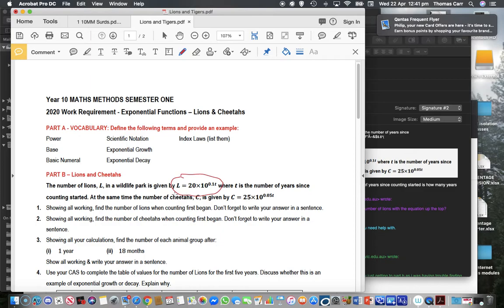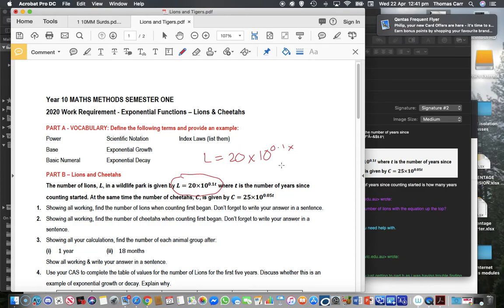Well, if you wanted to know how many lions were in the park after, let's say, 3 years, the formula says the number of lions is equal to 20 times 10 to the power of 0.1 times t. t is the number of years.